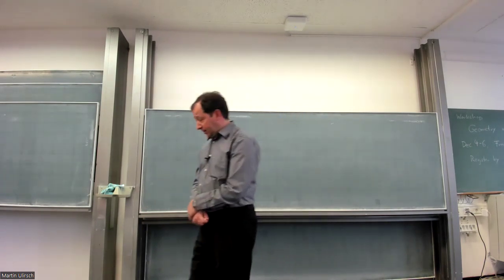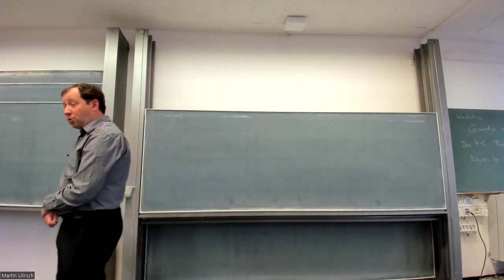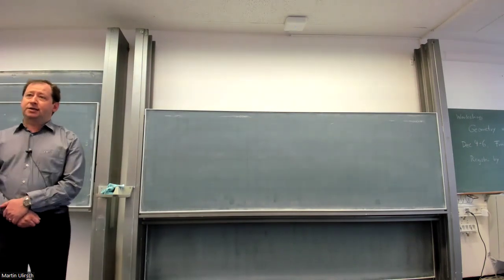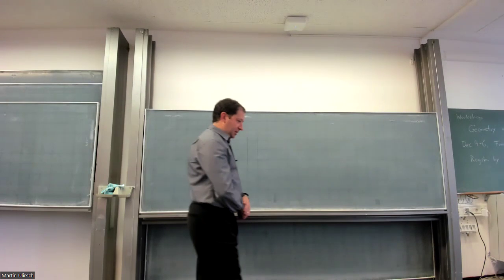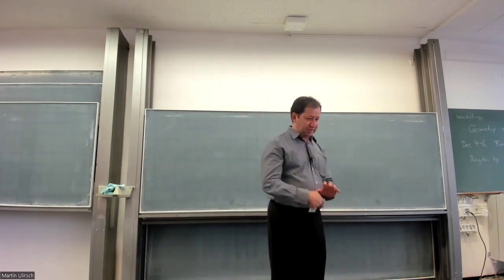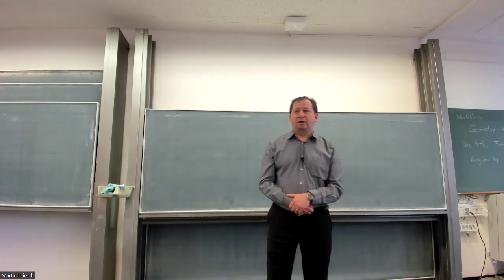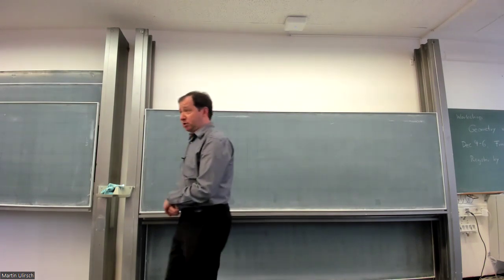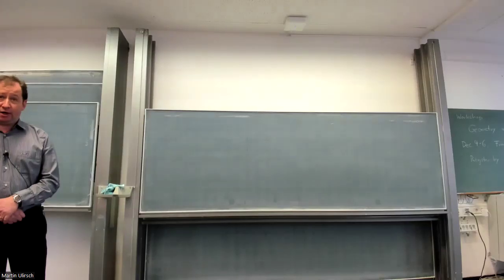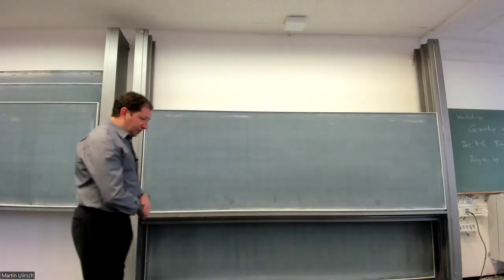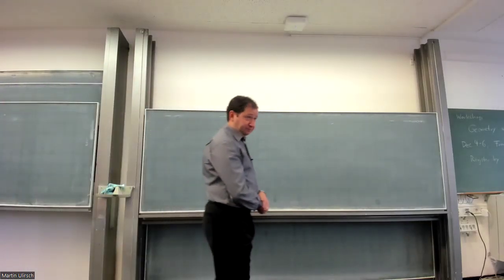If we work over the complex numbers, then the answer does not depend on the choice of points, provided that the number of points is fixed and the points are in general position. But it's no more true over the real numbers.